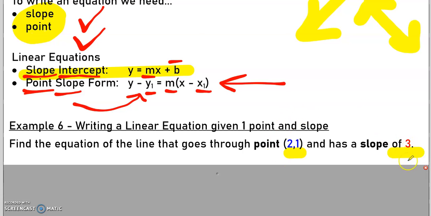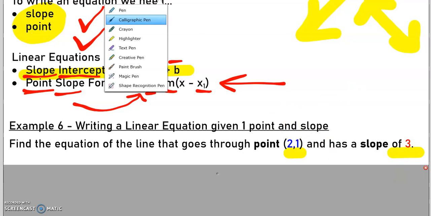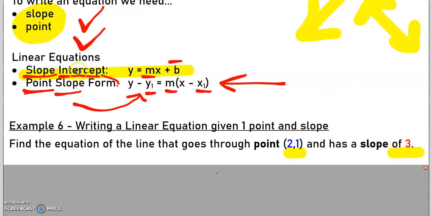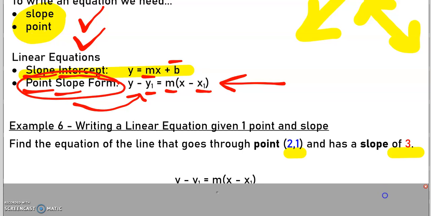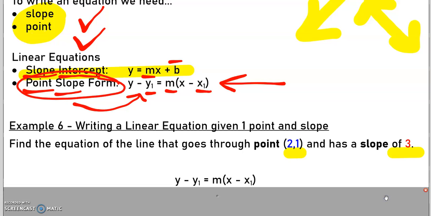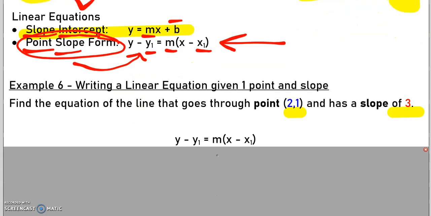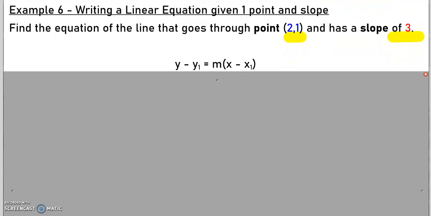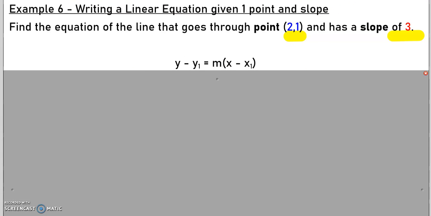What we do with these two characteristics of the line is I substitute them right into my point-slope form, okay? Here's my point-slope form, and we are going to take those two characteristics and substitute them right into the equation, okay? My slope we know is 3, so we take that 3 and put it right in for my m.